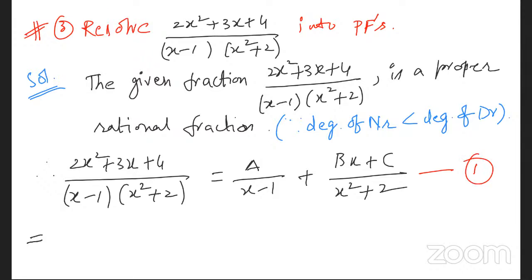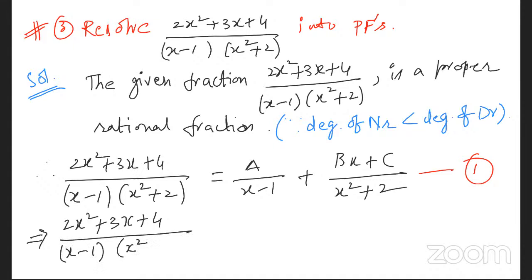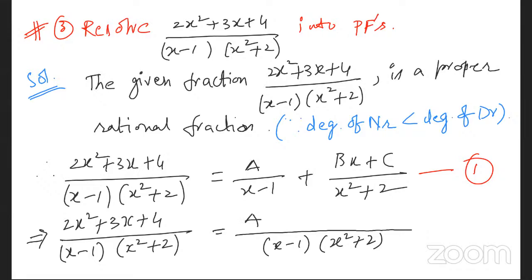So this can be written as (2x² + 3x + 4)/((x - 1)(x² + 2)). Take the LCM. What is the LCM? (x - 1)(x² + 2). So it will be A(x² + 2) + (Bx + C)(x - 1).